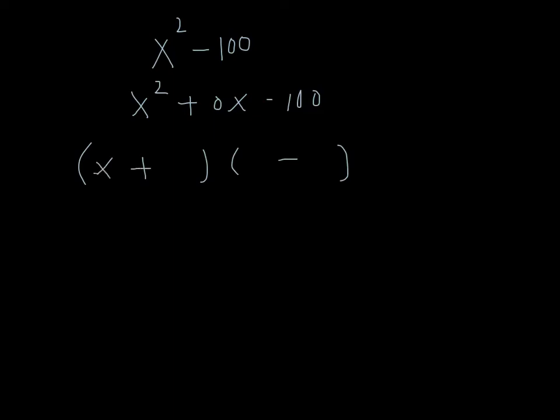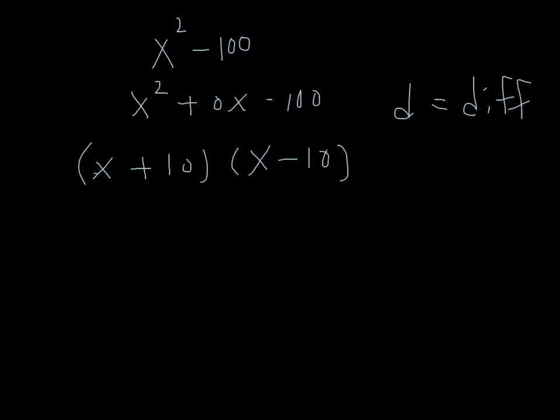Now, of course, x times x gives us x squared. But we have different signs, so different signs equals a difference. So I'm looking for two numbers that multiply to give me 100 and have a difference of 0, which means both numbers are identical. Well, 100 is a perfect square, so why not 10 and 10?